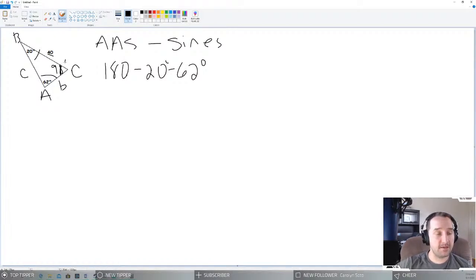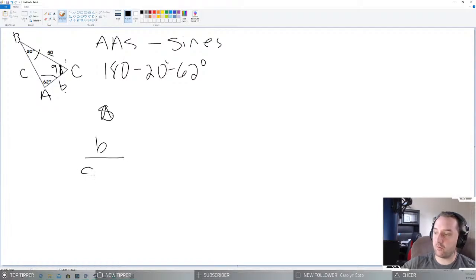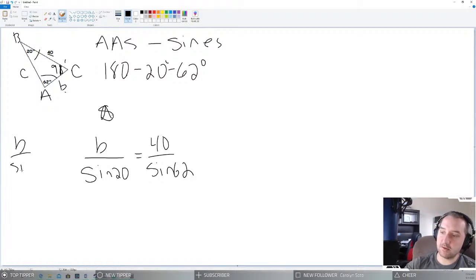So then to find the missing sides, we use the law of sines. Actually, I want to find the side, so I'm going to do B over sine B equals A over sine A. So the formula would be B over sine B equals A over sine A. And so now we just got to get B by itself.